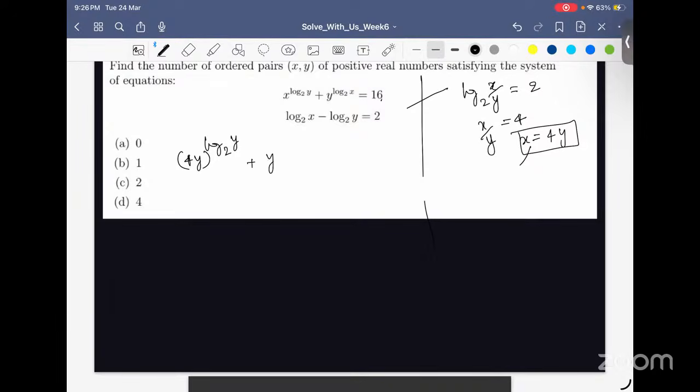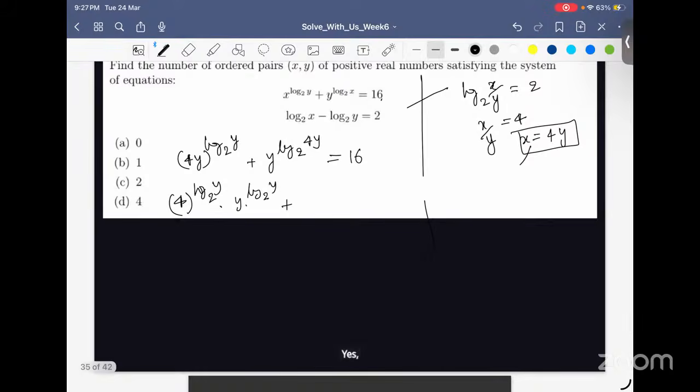Plus y log of 4y base 2 equals 16. Okay, what all can we do? 4y can be written as 4 times y, so we can write it as 4 times log of y base 2 times y log of y base 2, correct?